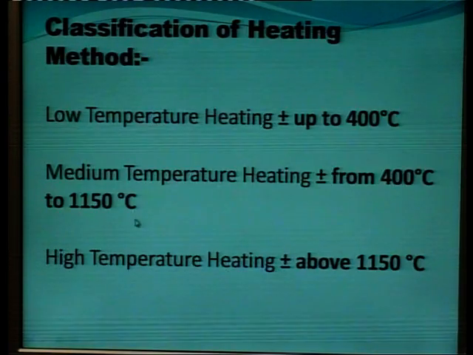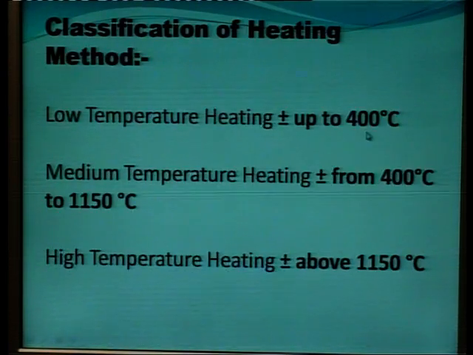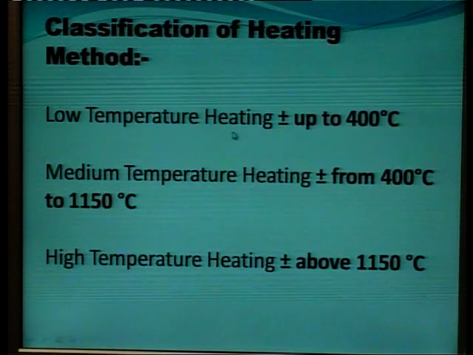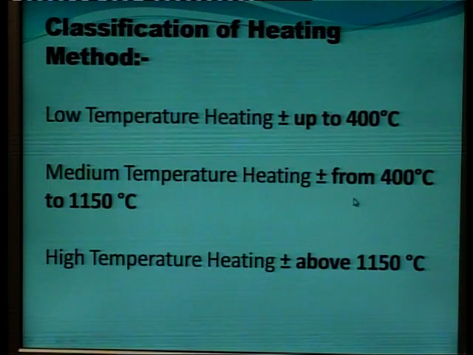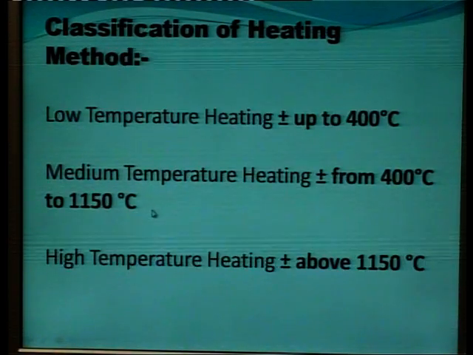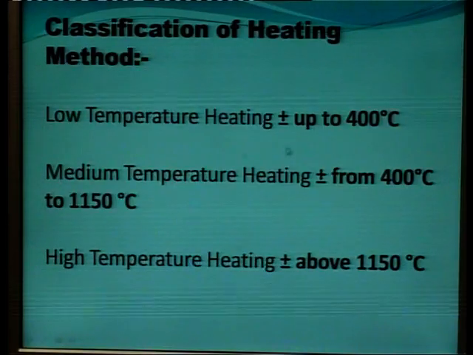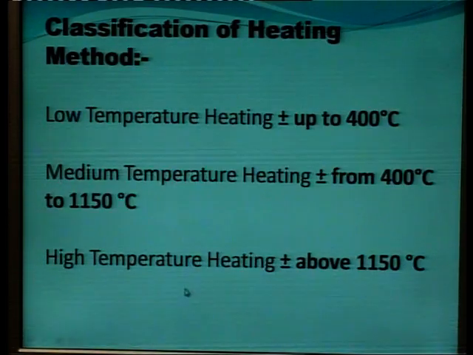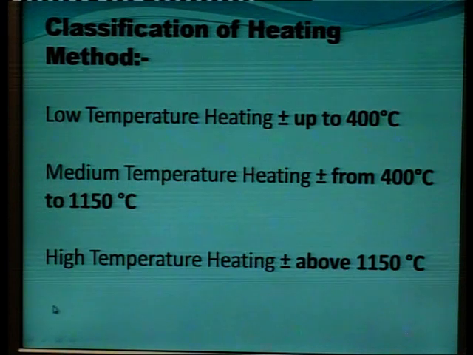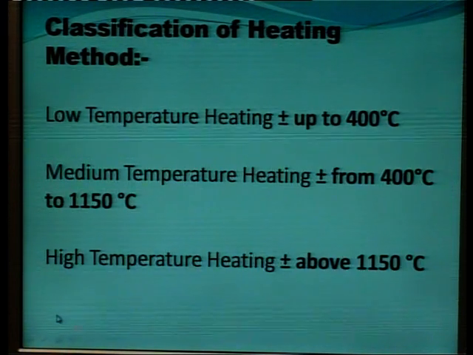So you can memorize: temperature up to 400 degrees centigrade is low temperature heating, 400 to 1150 degrees centigrade is medium temperature heating, and above 1150 degrees centigrade is high temperature heating.